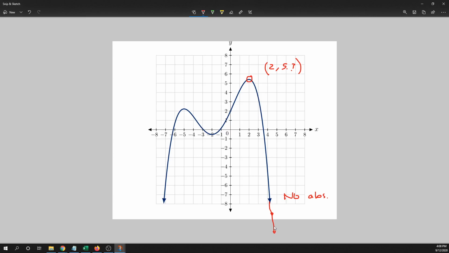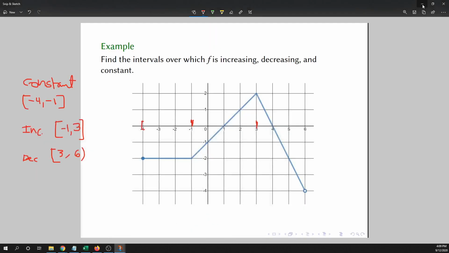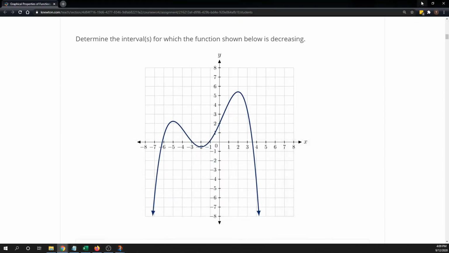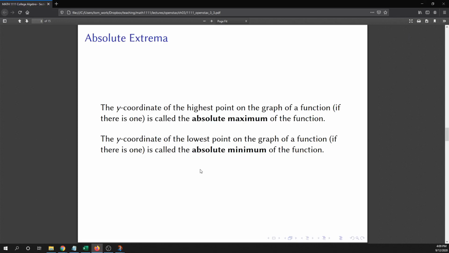So no matter what point you pick to be the lowest point on the graph, I can always find one that's lower. So this has no absolute minimum. Okay. So that's the absolute maximum point and the absolute minimum point.